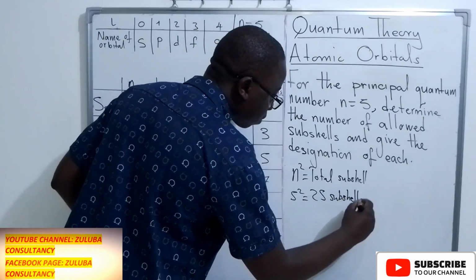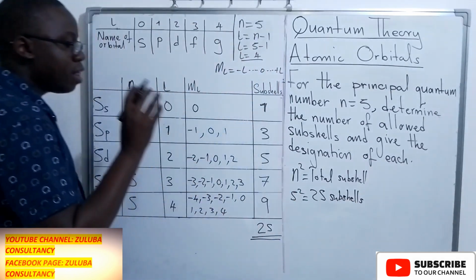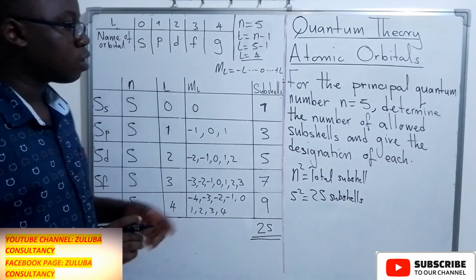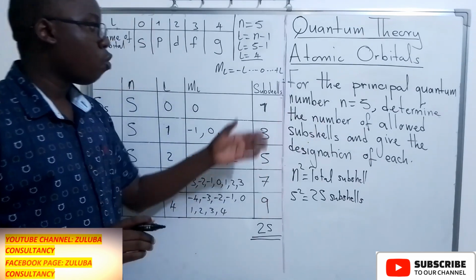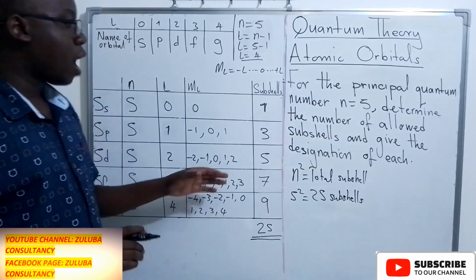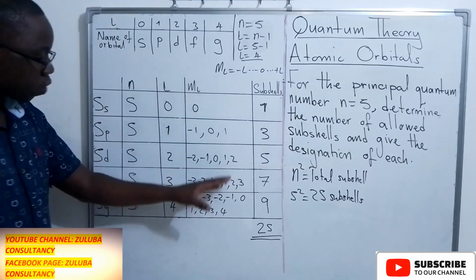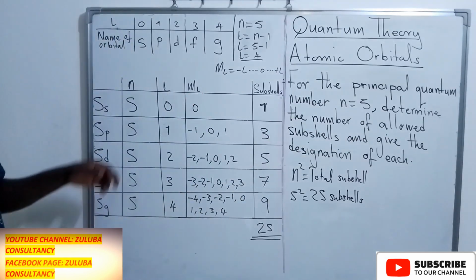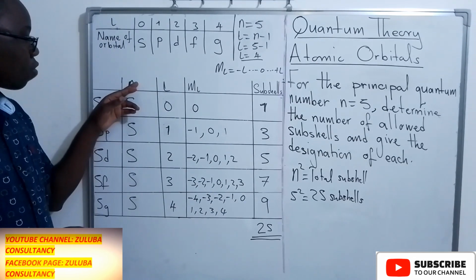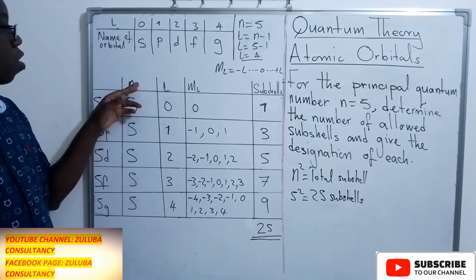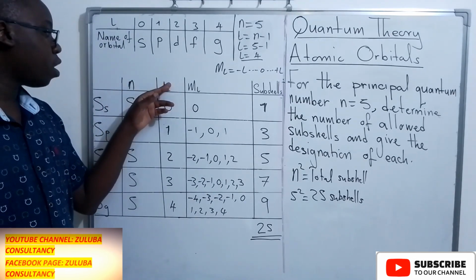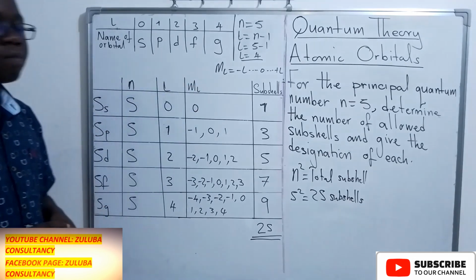So these 25 subshells are the total number of subshells that are allowed when n is 5. And we have designated each by showing this representation, by giving the number of n, the number of L, and the number of ML.